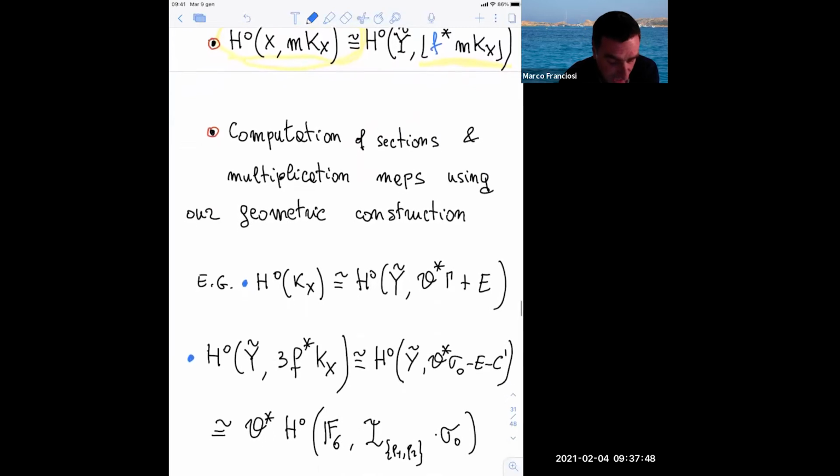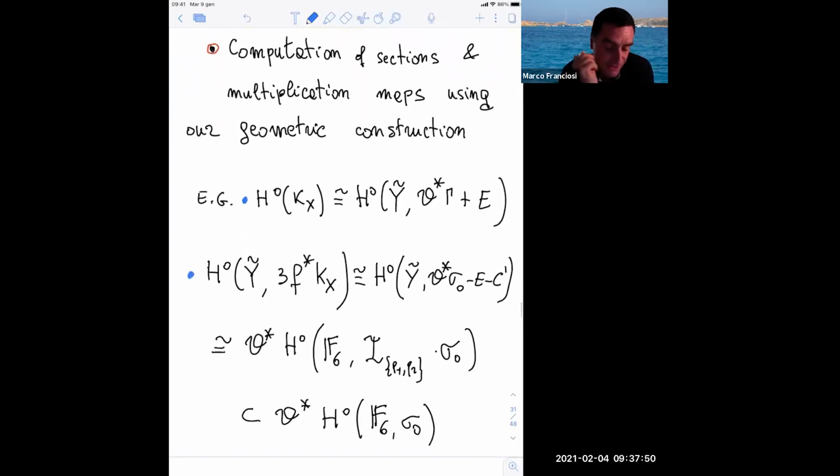For instance, we have H0 of KX can be seen as H0 of Y tilde of the pullback of gamma, a fiber, plus E, the exceptional divisor. And if you want to consider the pullback of 3 times KX on Y tilde, we have this one.